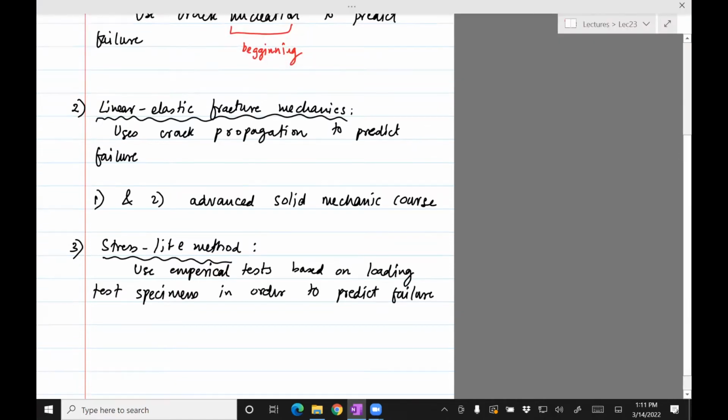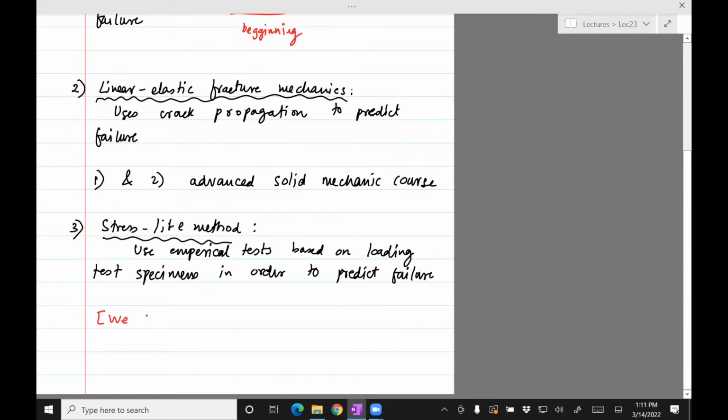So we use this approach 3. We really don't need to know how cracks occur and how they propagate. We really don't bother with that. We just say we know how things are going to fail.